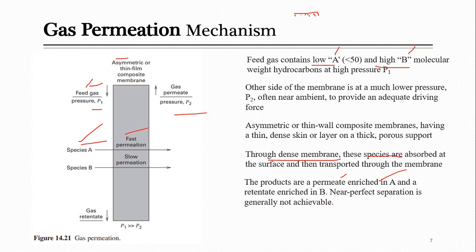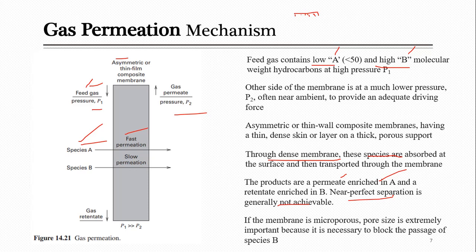But near perfect separation is generally not achievable. Near perfect means only A on the permeate side and only B on the retentate side. That's not achievable. Most of the time some component of B will be part of the permeate side, while some part of A will still be left on the retentate side.